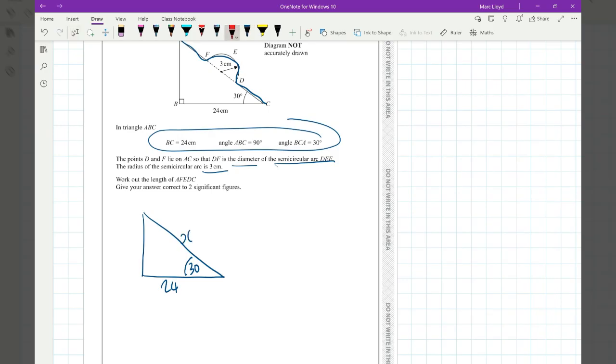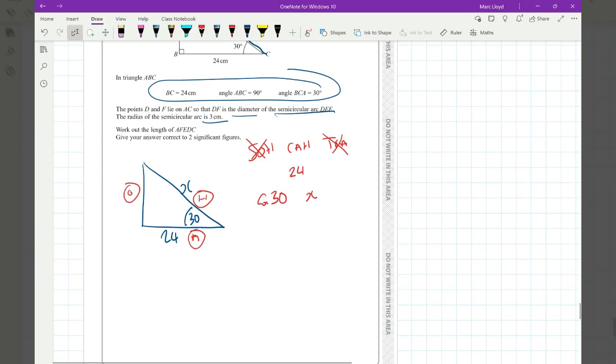SOHCAHTOA, that's the hypotenuse, that's the opposite, that's the adjacent. We want the one that doesn't have O in it, CAH. So cos 30, the adjacent is 24 and the hypotenuse is x.